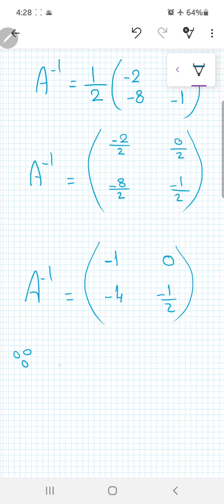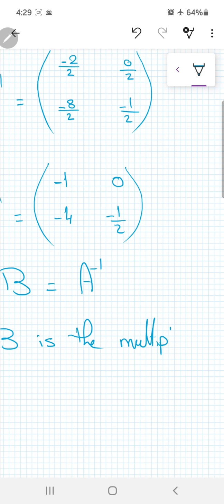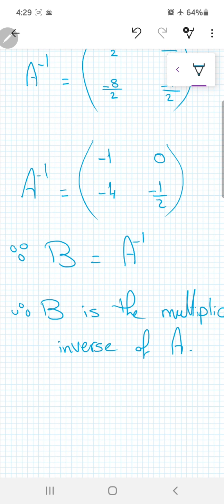So here we have B is the multiplicative inverse of A.